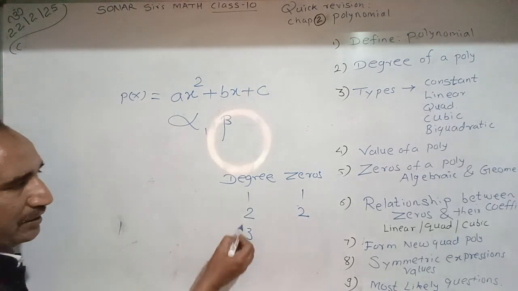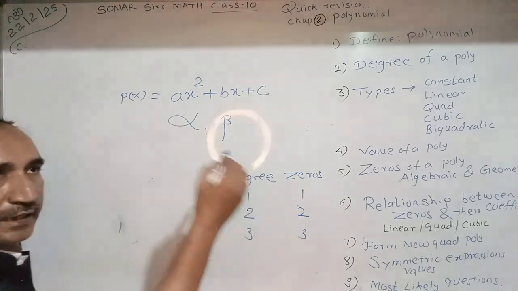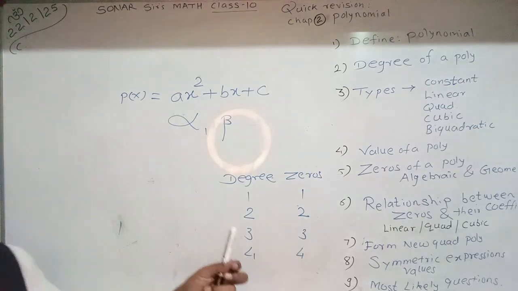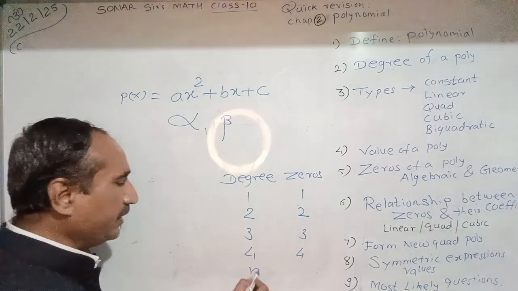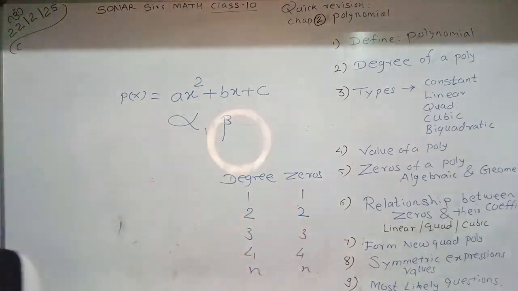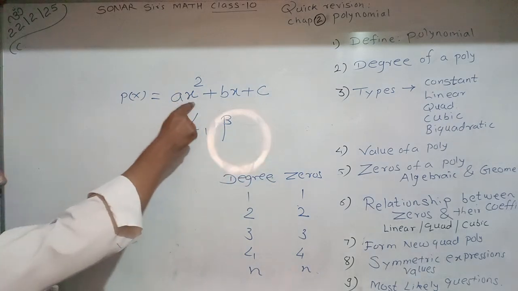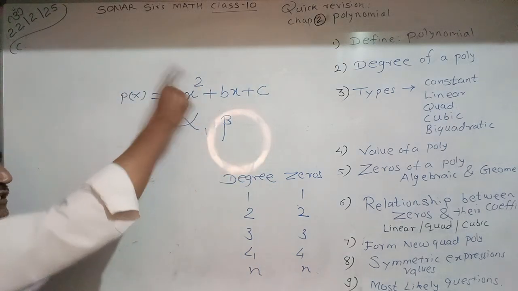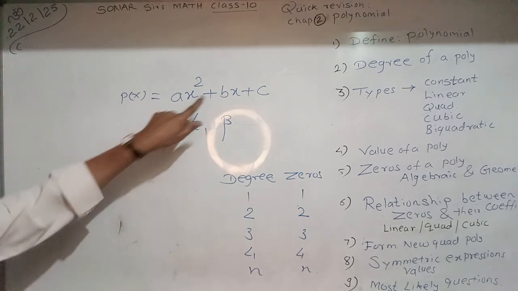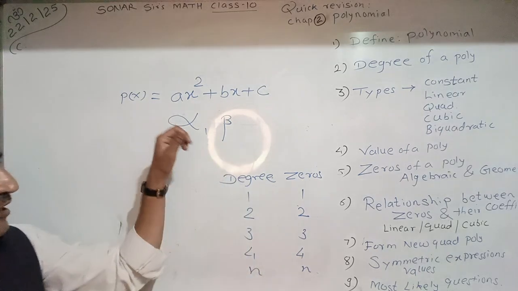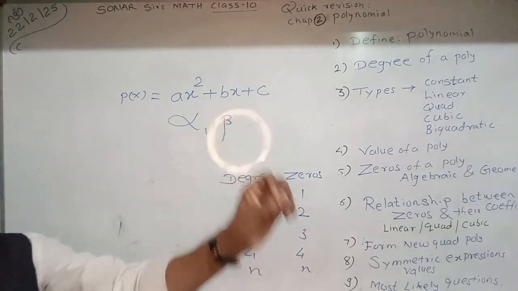If the degree is 3, zeros are 3. Degree biquadratic, zeros are 4. And so on. Whatever the degree, that many zeros will be there for that particular polynomial. Here it is a quadratic equation. The degree is 2. Therefore, for this equation, there are 2 zeros and we assume the zeros as alpha and beta.